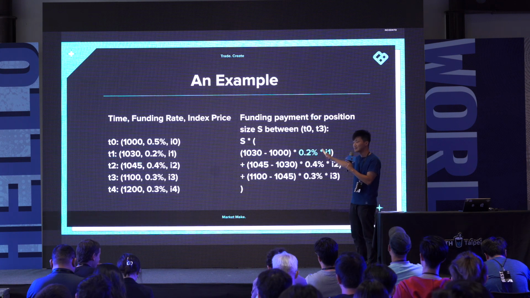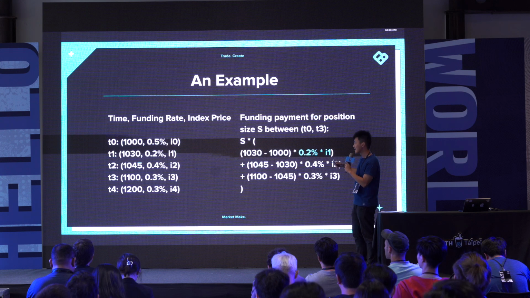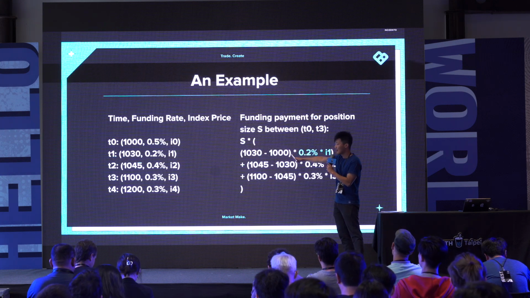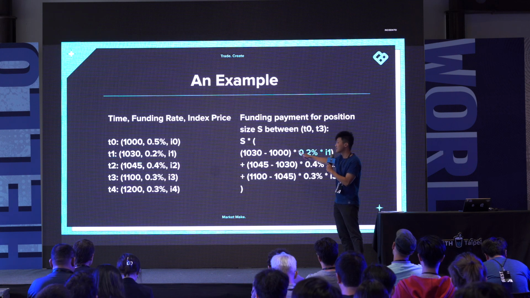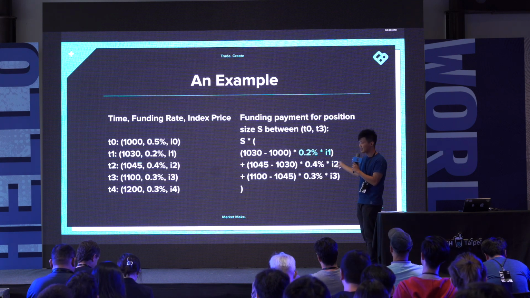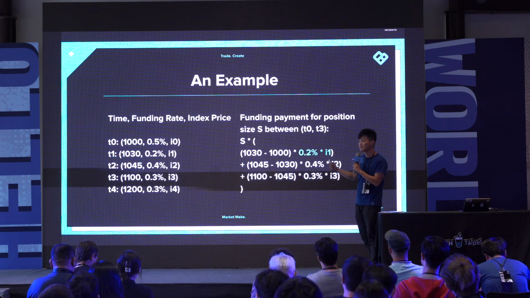We have to first get the notional value of a position and then multiply it with the time, how long it lasts, and also the funding rate.